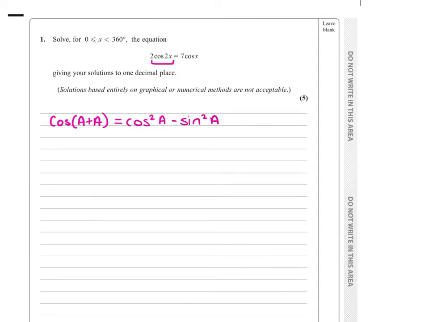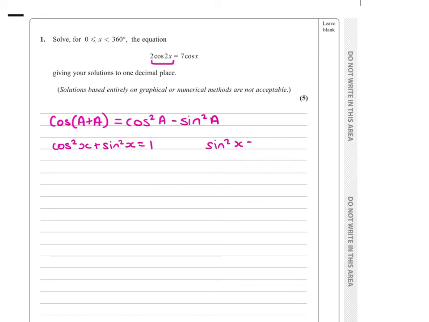Now, I also know that cos squared x plus sine squared x equals 1. So sine squared x is in fact 1 minus cos squared x, isn't it?